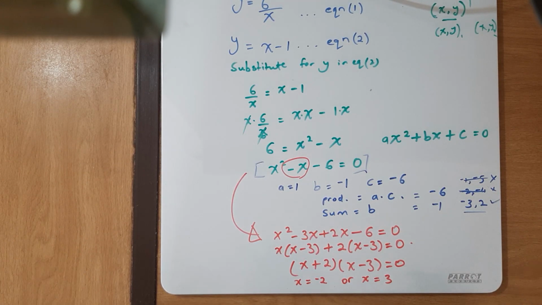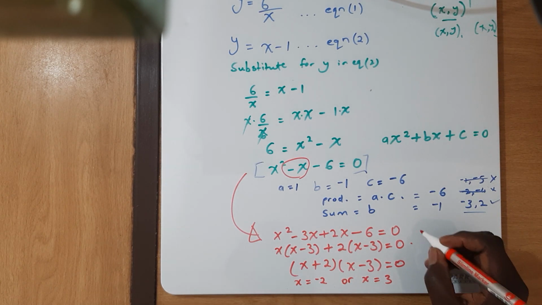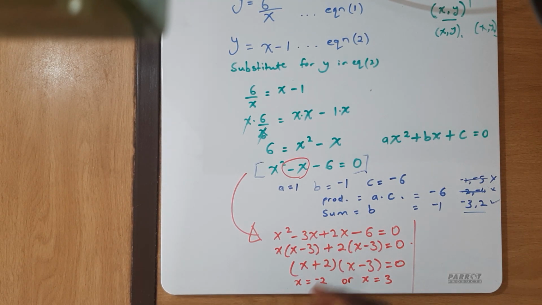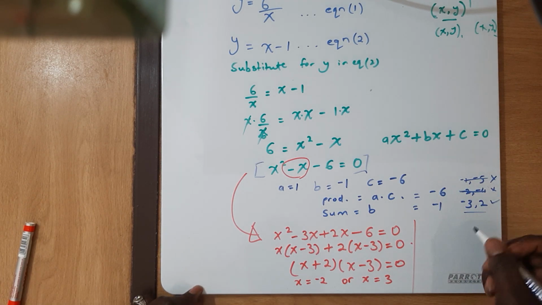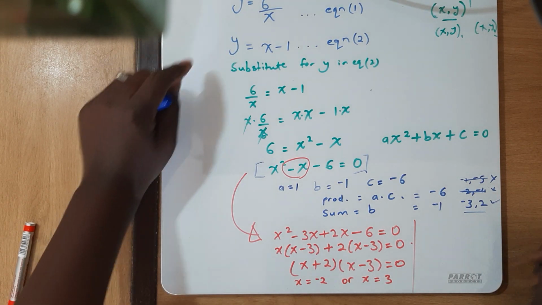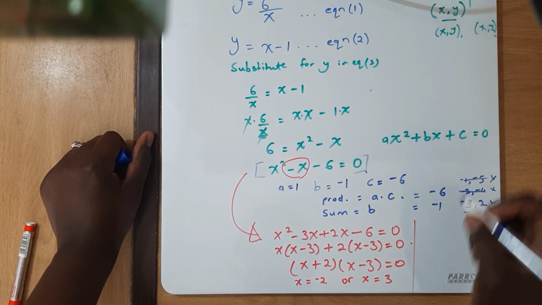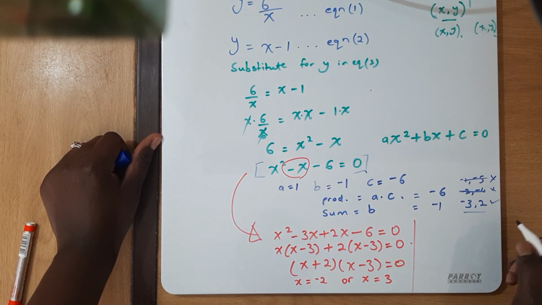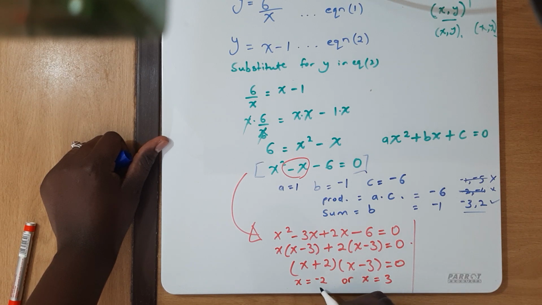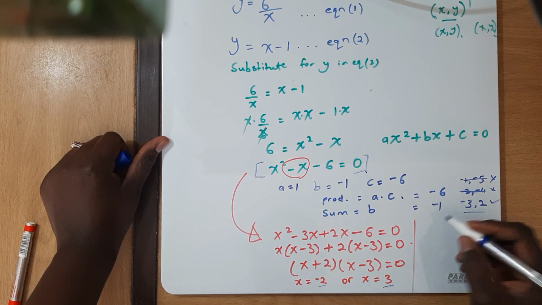Okay, so we have our solutions as x is -2 and x is 3. And then we have to substitute them back to get the y values. So we can use either of the equations, always pick the easier one. So let's use equation 2. We substitute for -2 and 3.